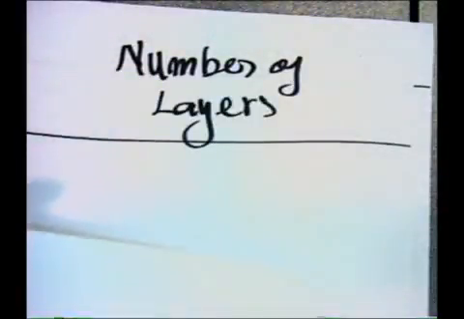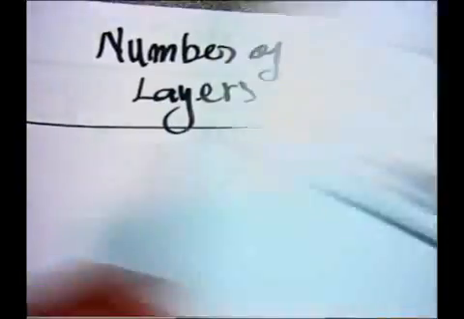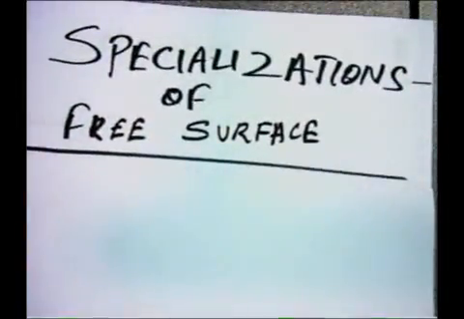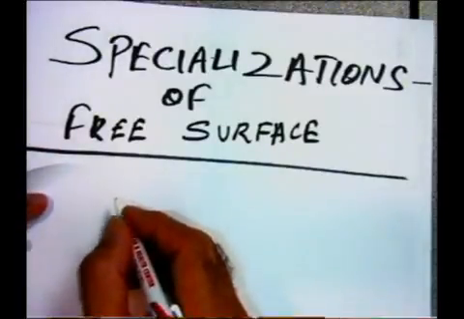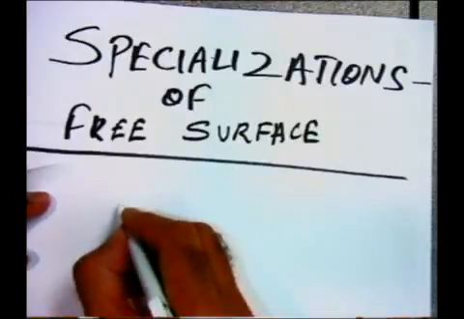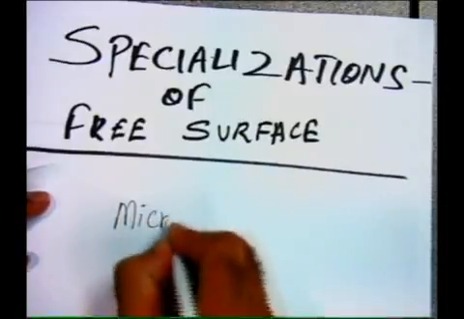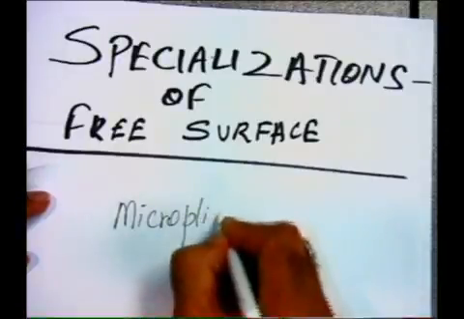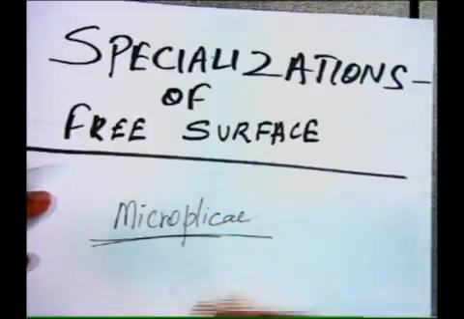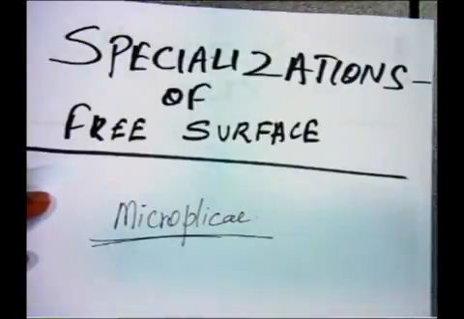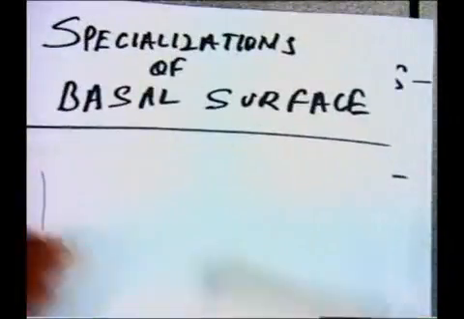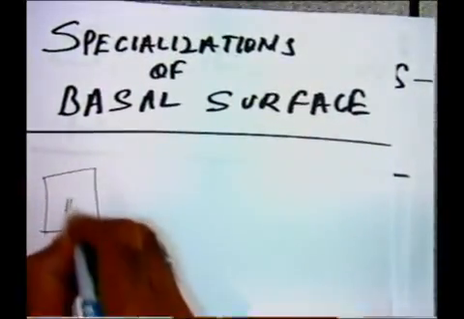The next topic of characterization is specialization of the free surface. This free surface is again modified as microplicae, and then the basal surface, the modification especially in the basal surface, which I discussed earlier.